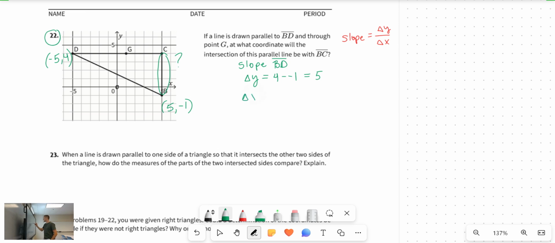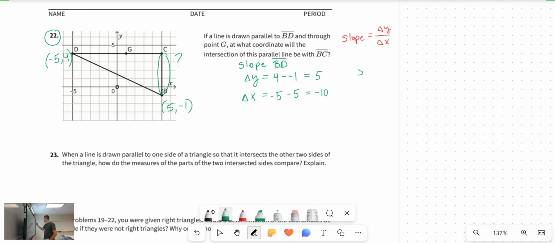And our change in x is going to be, once again, using the left point, so negative 5 first. Negative 5 minus 5. Negative 5 minus 5 is negative 10. All right, so change in y divided by change in x.